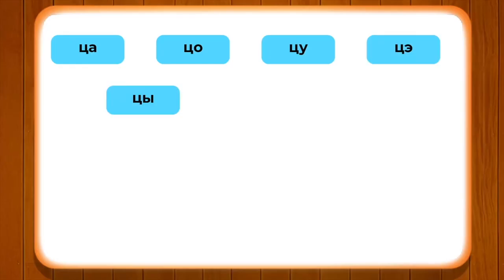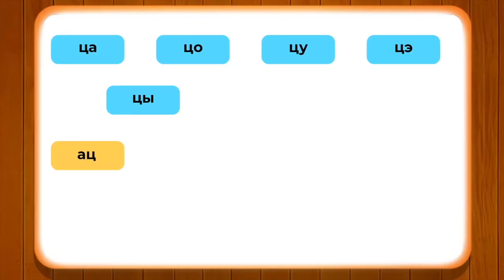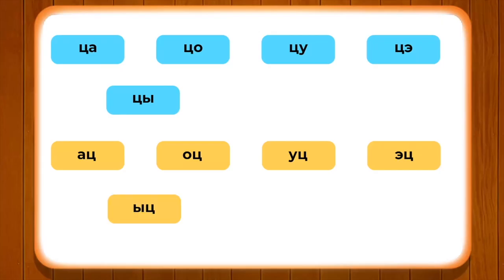Now let us look at the combination where the consonant comes first and then the vowel. Sa, so, su, se, ts. Now let us pay attention to the combination where the vowel comes first and then the consonant. Ats, ots, uts, ets and uts.